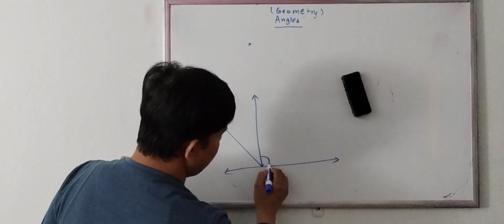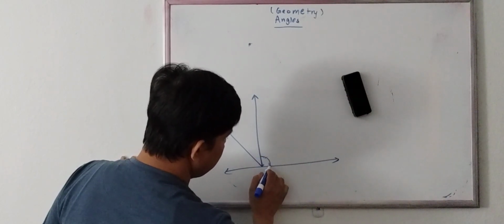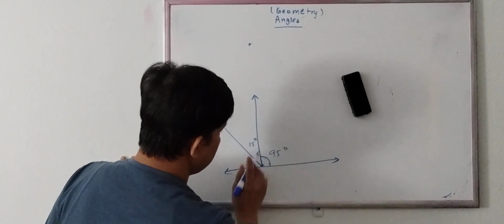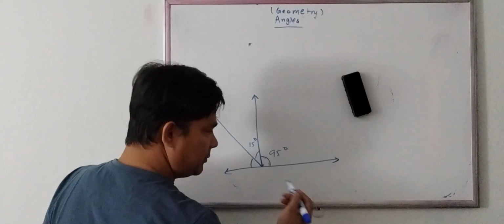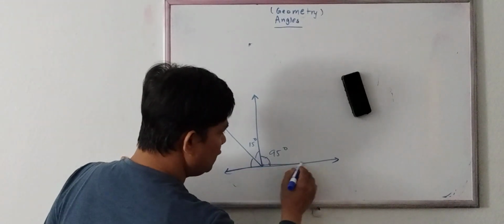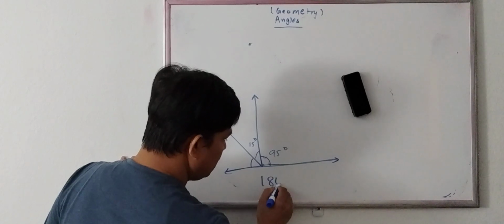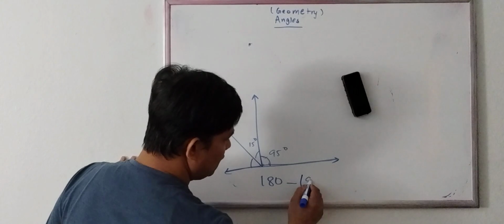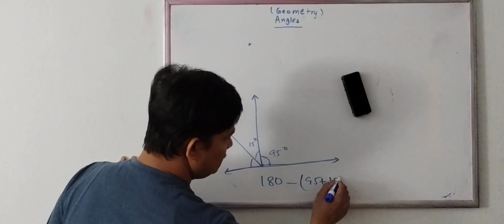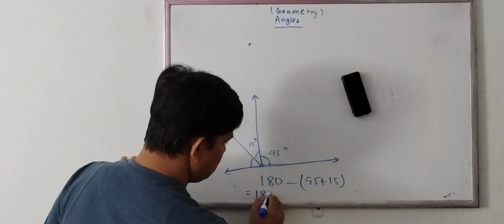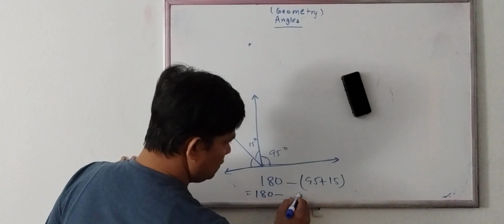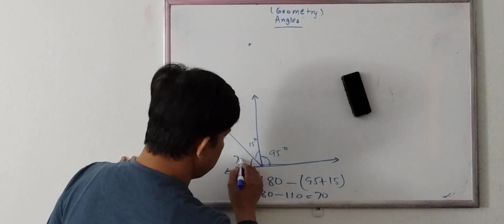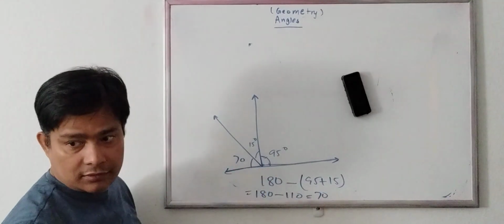And let's say this one is 95 degree, and this one is 15 degree. So what is the value of this angle? It's the same thing. The straight angle will be 180 degree. And then you have to sum these two, 95 plus 15, which is 110, and 180 minus 110 is 70 degree. So this will be 70 degree. Okay.